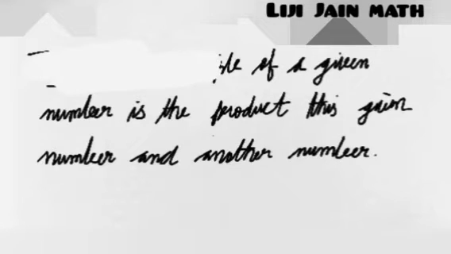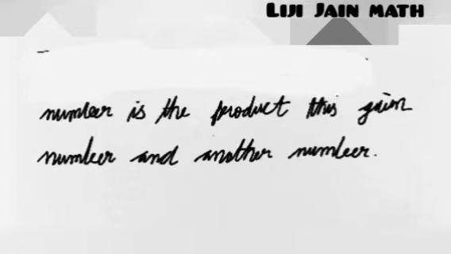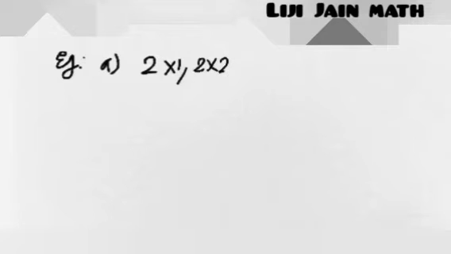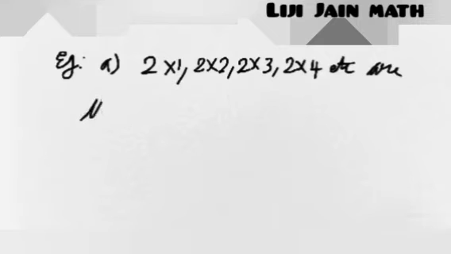Example A. Let's consider 2. 2 into 1, 2 into 2, 2 into 3, 2 into 4, etc. are the multiples of 2.